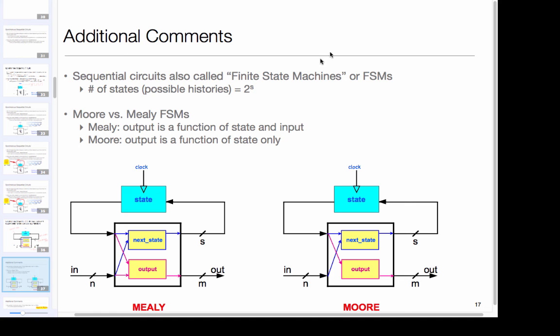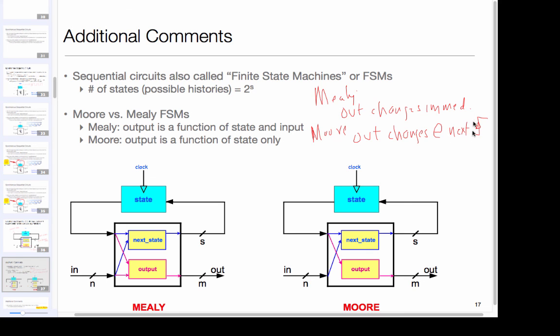Those are kind of the changes. So let's summarize them out here. Mealy: the advantage is output changes immediately. Moore: output changes at next clock tick.